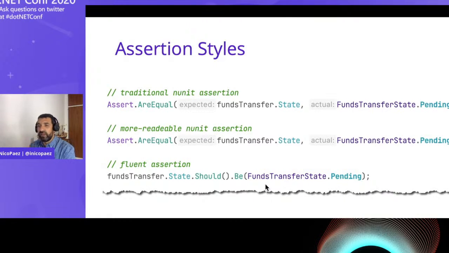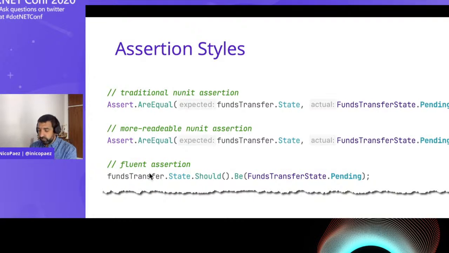This slide is not updated. I will show this in code, it doesn't matter. In recent years, NUnit added another assertion called Assert.That, and that allows a bit better, more readable way of writing assertions. And the last one that I want to focus on here is the fluent assertion.